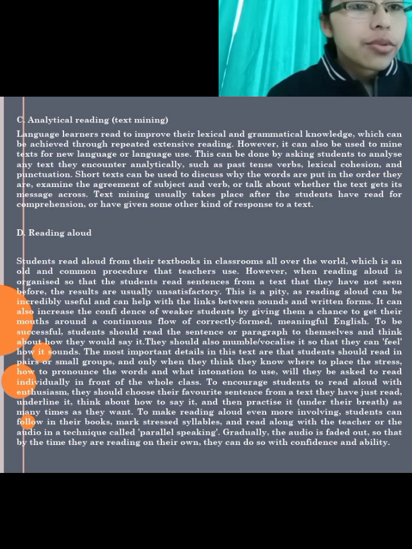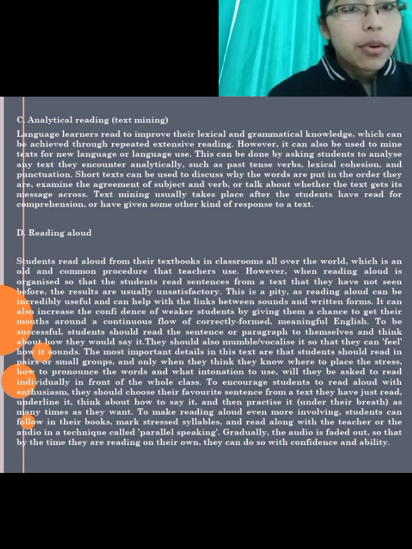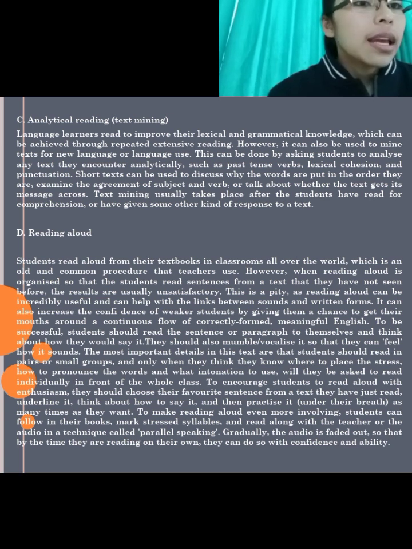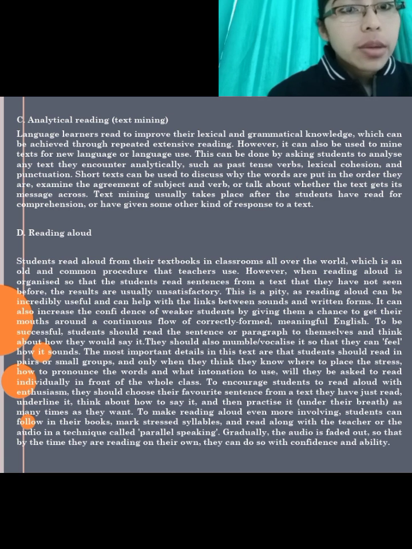so that the students read sentences from the text that they have not seen before, the results are usually unsatisfactory. This is a pity, as reading aloud can be incredibly useful and can help with the links between sounds and written forms.